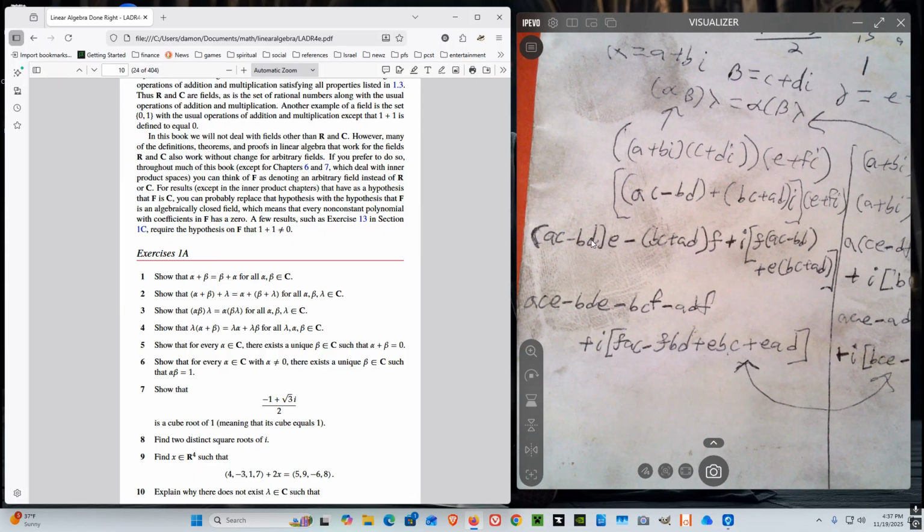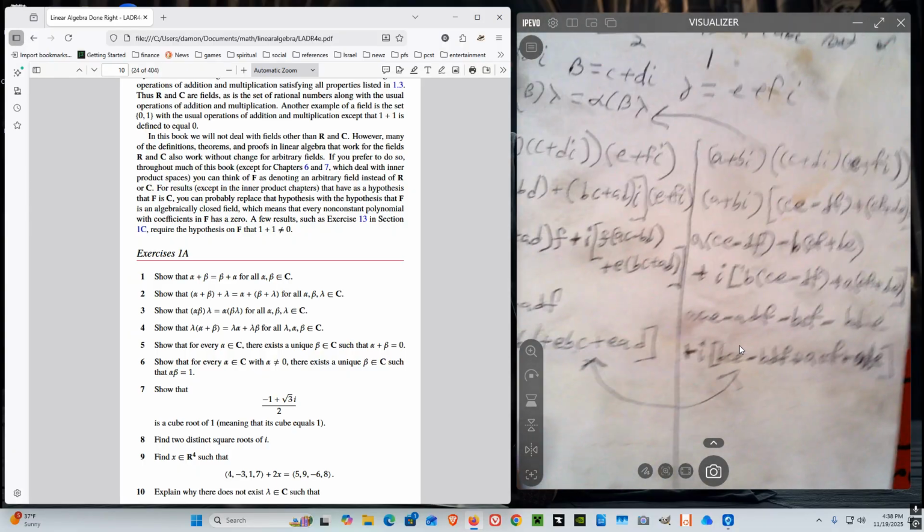And then these numbers here are real numbers. So I was able to use the distributive property for real numbers and wrote them out. And similarly, in front of the I, these are real numbers. So you can use the distributive property and write them out.